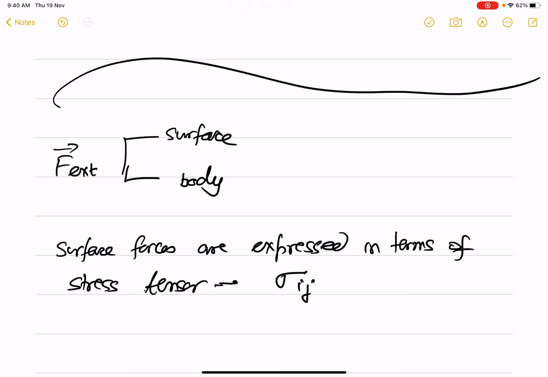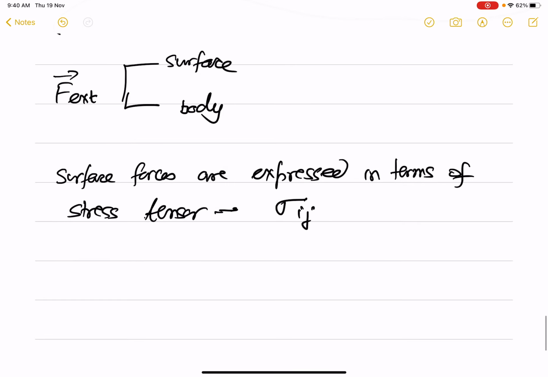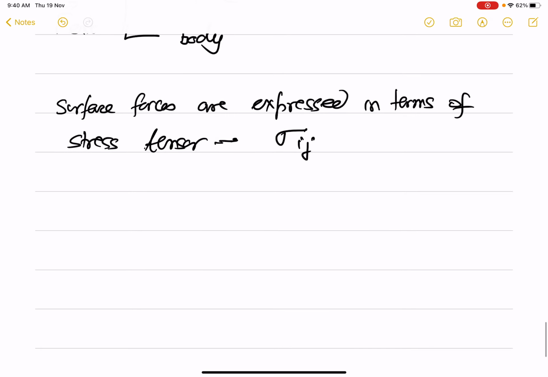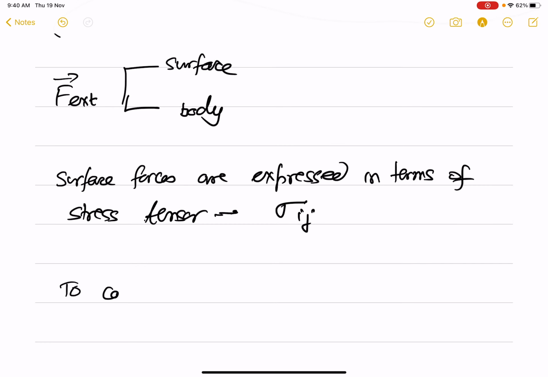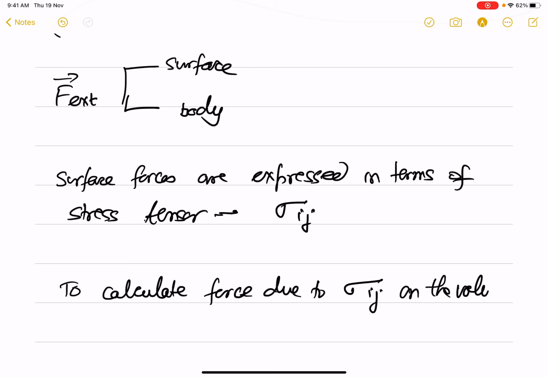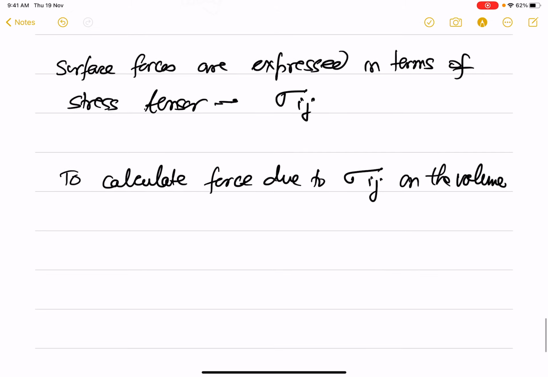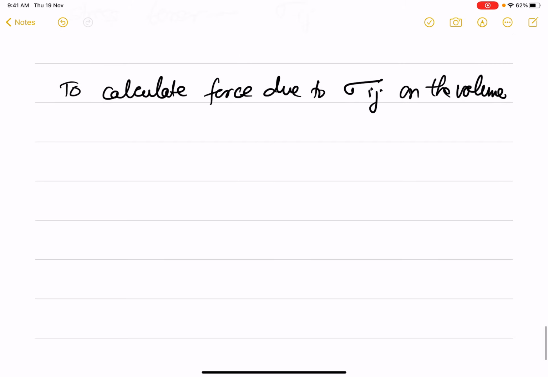To calculate the force due to sigma ij on the volume, and to make this derivation more physical, I will take a square element. So we'll look at 2D and we will look at a rectangular element.